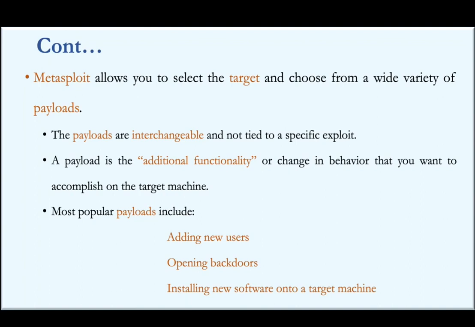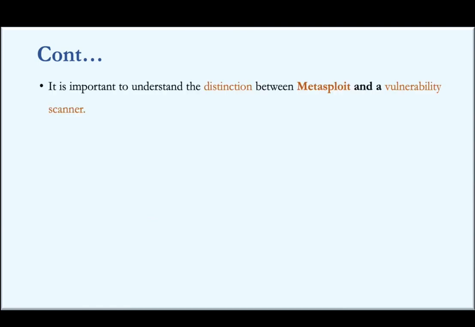It is important to understand the distinction between Metasploit and a vulnerability scanner. When we use a vulnerability scanner like the Nmap scanner or the Nessus scanner, these scanners will only check to see if a system is vulnerable or not.